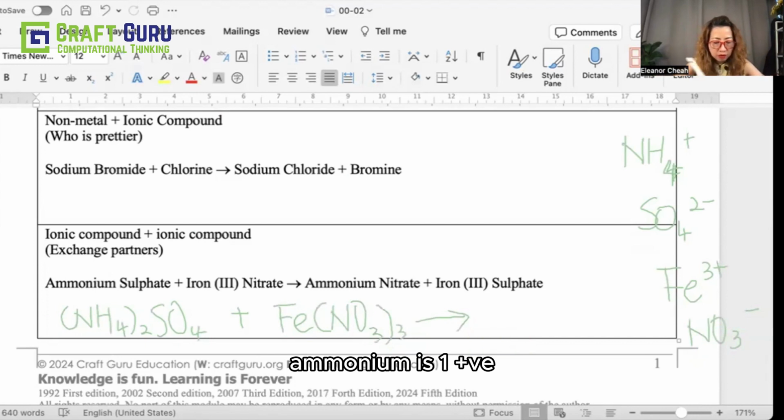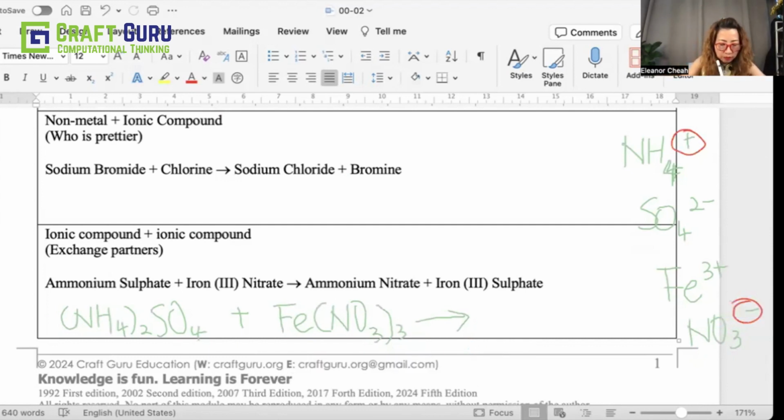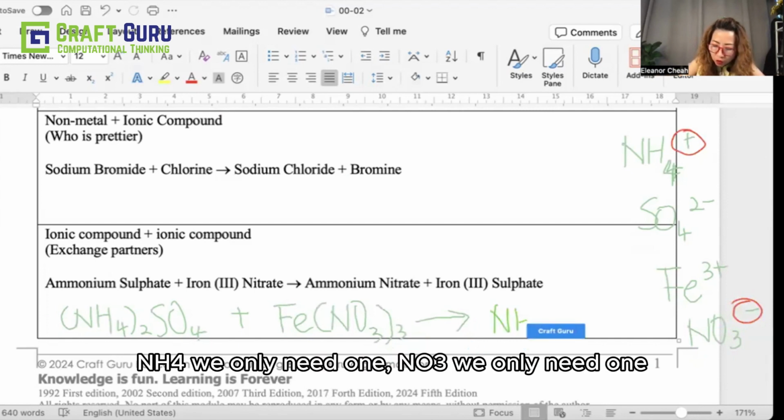Ammonium is 1 positive, nitrate is 1 negative, so just need 1 each will do. NH4, we only need 1, NO3, we only need 1.